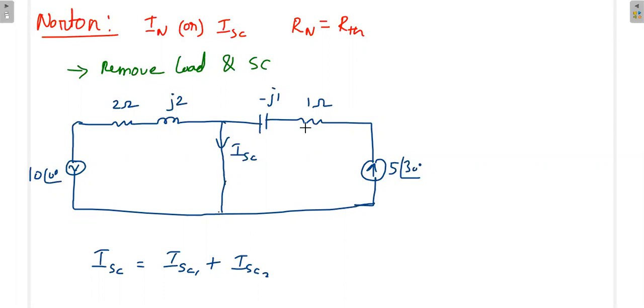The entire current from this battery will go only here. So that current is simply this voltage divided by this impedance. The current due to this voltage source is 10 at 0 degrees divided by 2 plus J2.